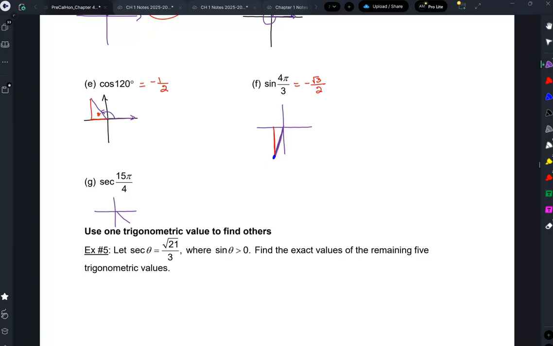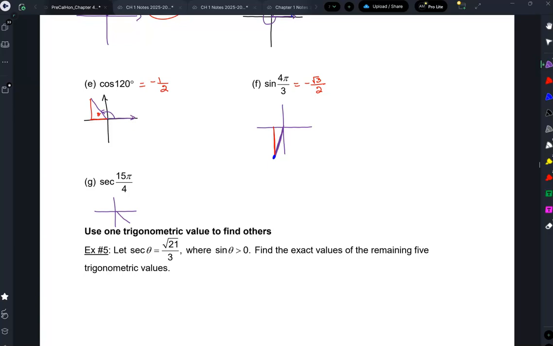So here we go. Secant. Is that like the sine or the cosine? Cosine. I mean, in the case of the pi over 4, it really doesn't matter. What is the cosine of that angle? 1 over root 2. Yep, it is.